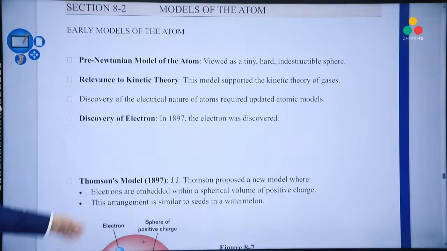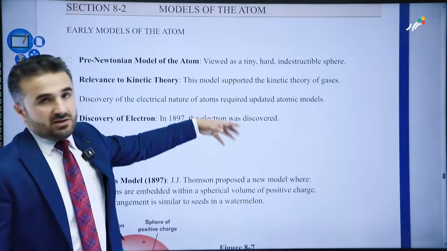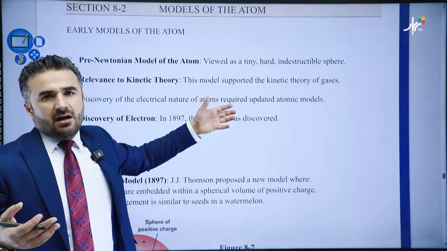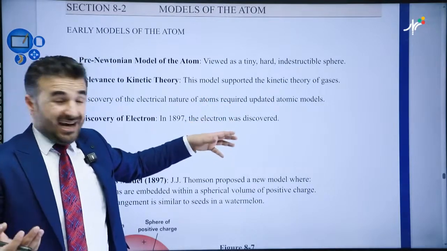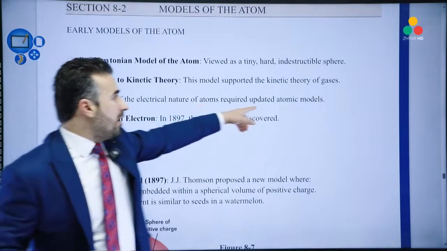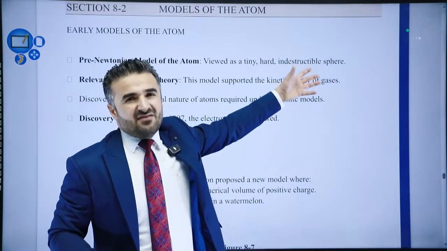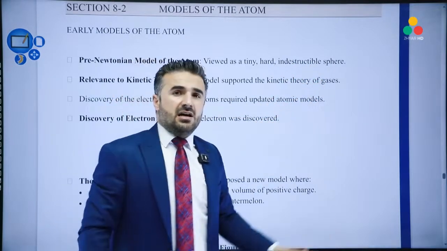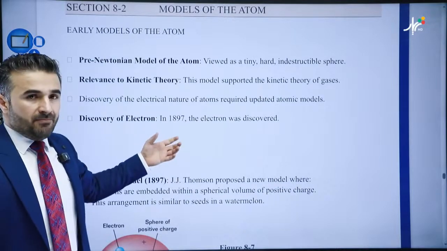But after all, there was the discovery of the electrical nature of atoms, for example, atoms can be positive or negative. We're talking about ions here. So this model was not enough, because now they had discovered new things, so they needed to update the theory.